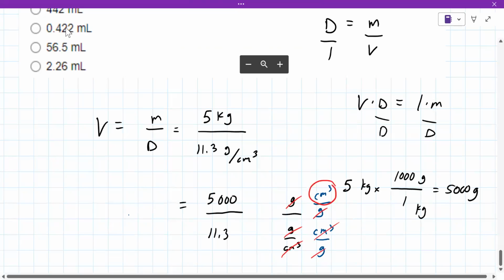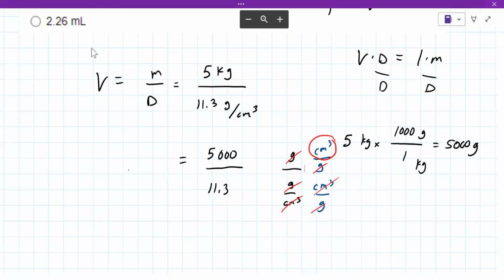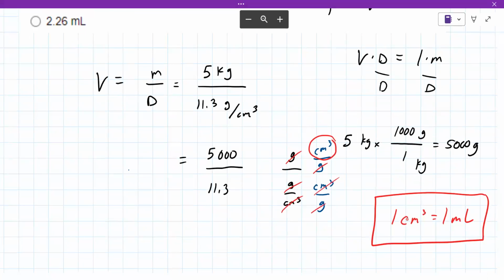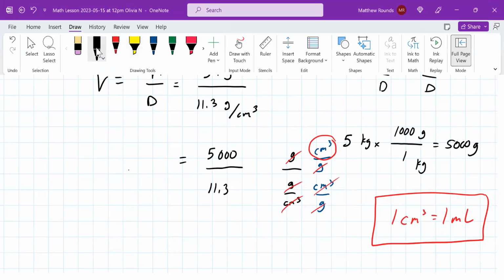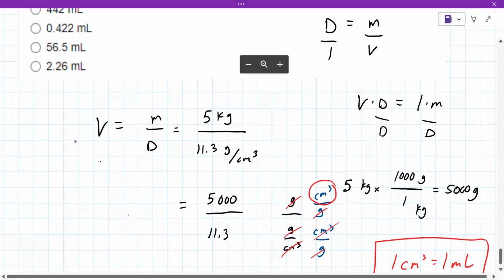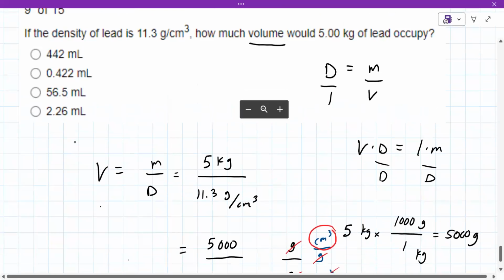Now you notice none of the answers are in centimeters cubed, they're in milliliters, and that's because 1 centimeter cubed equals 1 milliliter. So that's another kind of thing to know here. Looks like this one's 442 when you do the calculation.